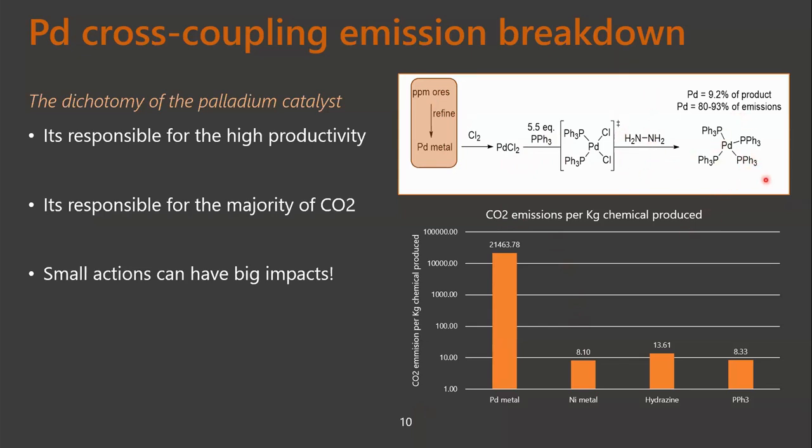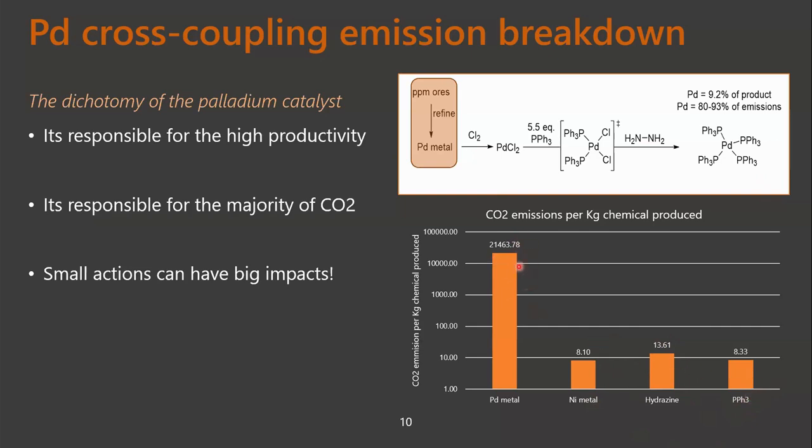And it's worth highlighting here that the 9% or so palladium present in that product, because of all the other stuff that is currently stuck to it, is responsible for as much as 95% of the emissions. And that again comes down to the fact that nickel produces 8 kilograms per kilogram of CO2 when it's extracted and refined, hydrazine 13.6, and triphenylphosphine, as we calculate, is about 8 to 8.5 kilograms per kilogram.